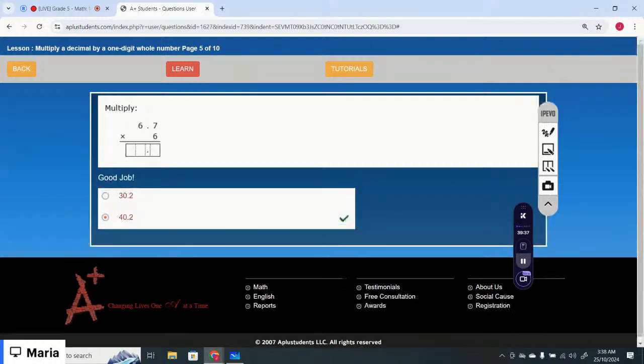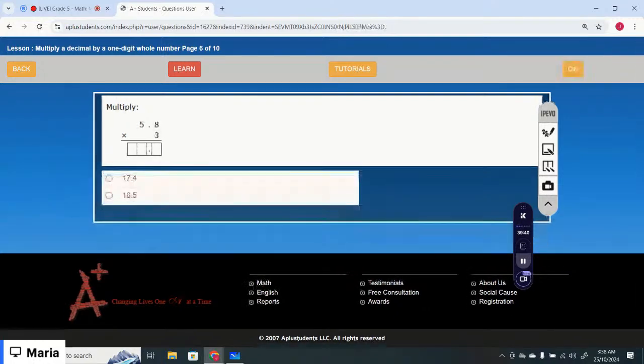Very good. The next one is 5.8 times 3, so which is the correct option?